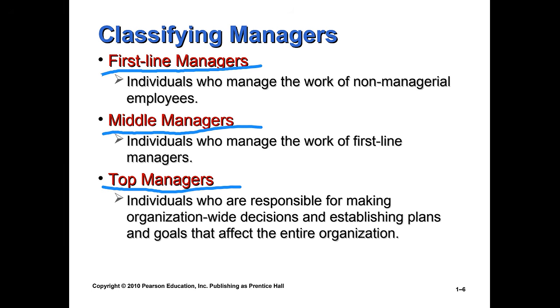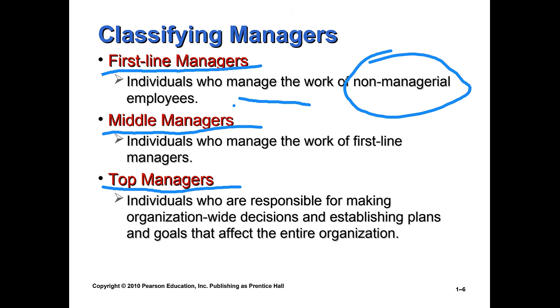First line managers are the individuals who manage the work of non-managerial employees. All the employees who are non-managerial have no managerial tasks, and they are supervised by the first line manager. Middle managers are individuals who manage the work of the first line managers.